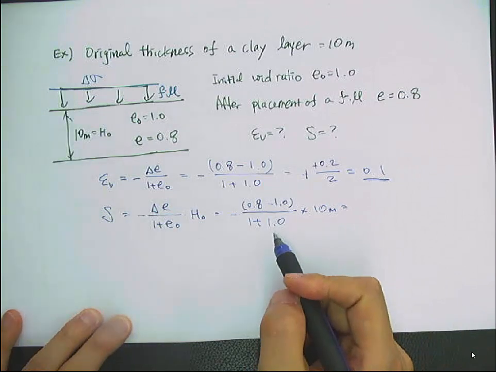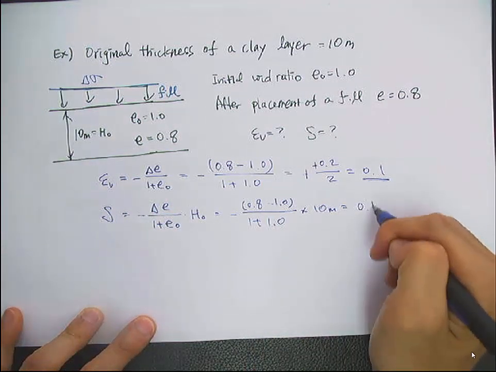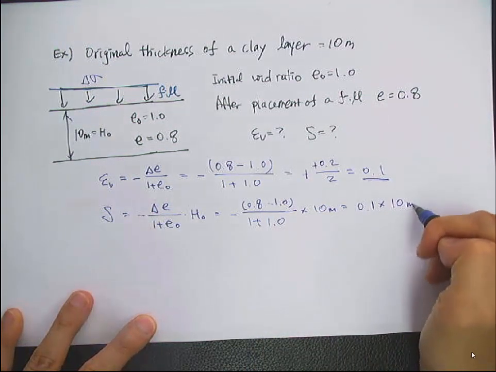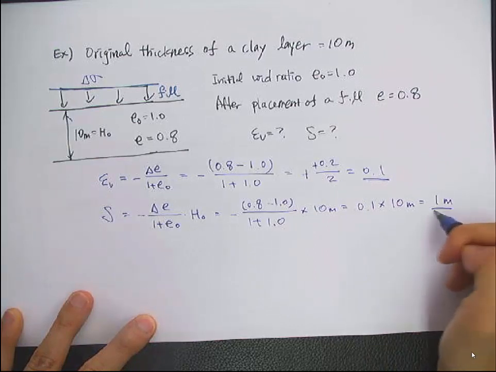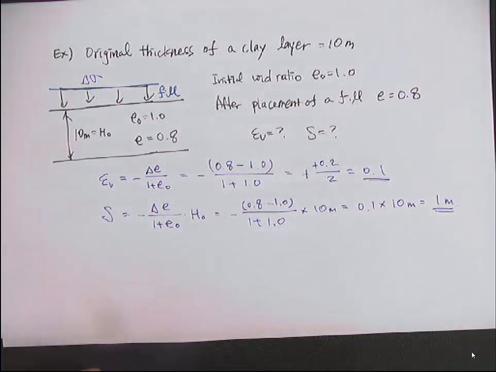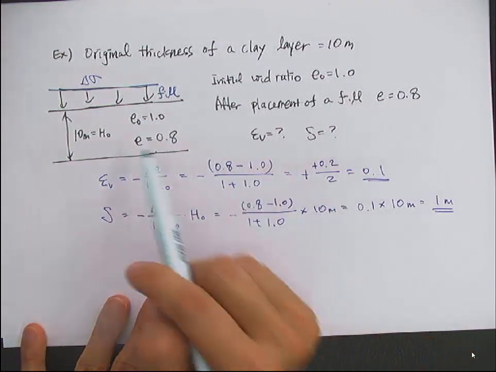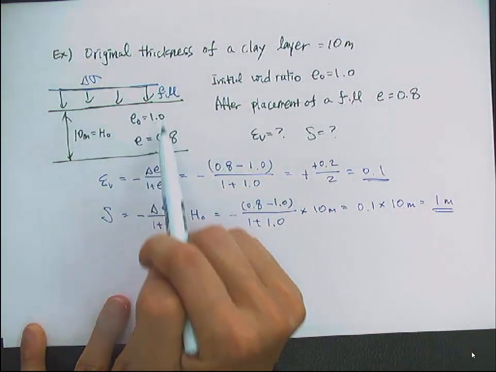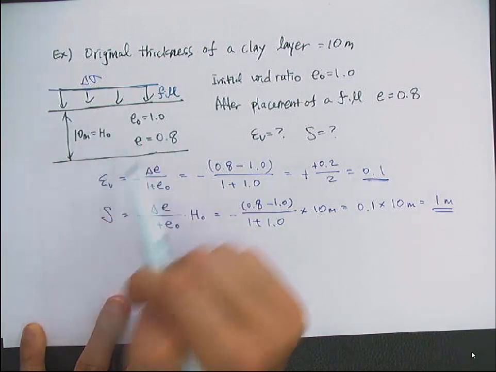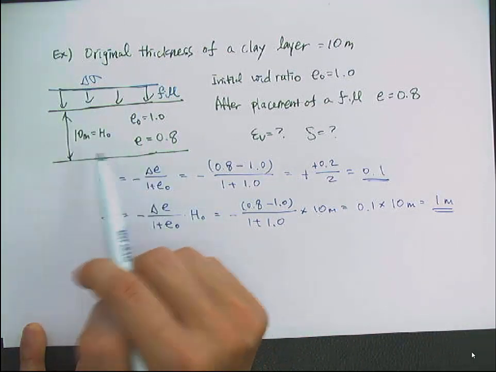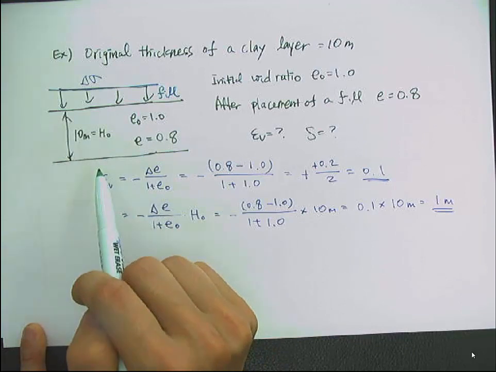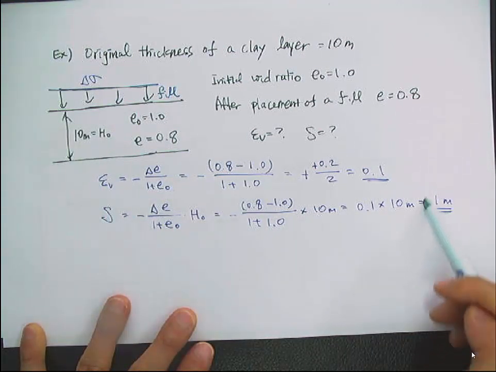So it will be 0.1 times 10 meters, which is 1 meter. So this example tells you that if the void ratio changes from 1.0 to 0.8 for the whole clay layer, and the clay layer is 10 meters thick, then the settlement will be 1 meter.